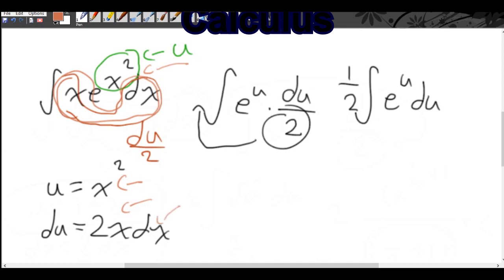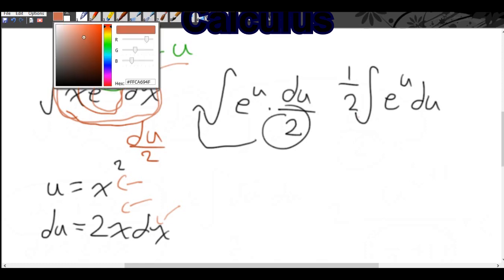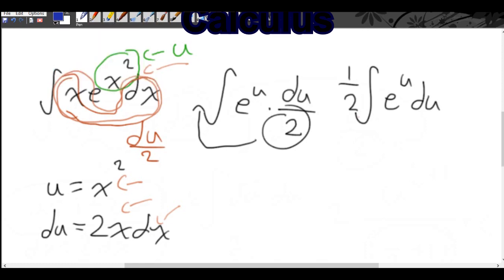We just plug every value in here, which leaves us with 1/2 times e to the power of u times du. And the solution for that will give us 1/2 times e to the u plus the constant c.